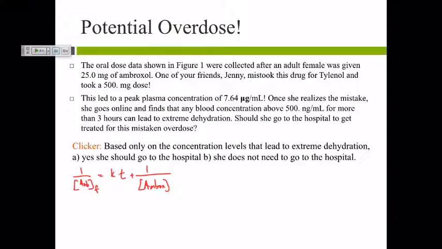Our constant was 2.0 times 10 to the negative third milligrams per milliliter times hours, multiplied by the 3 hours that she had, plus 1 over our initial concentration. We converted it to nanograms from micrograms, which is 7,640.